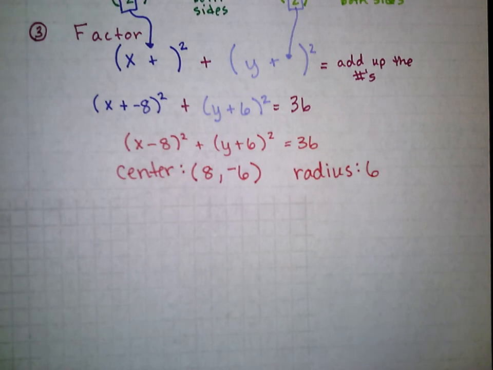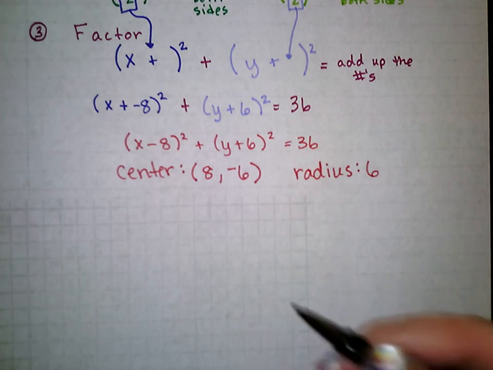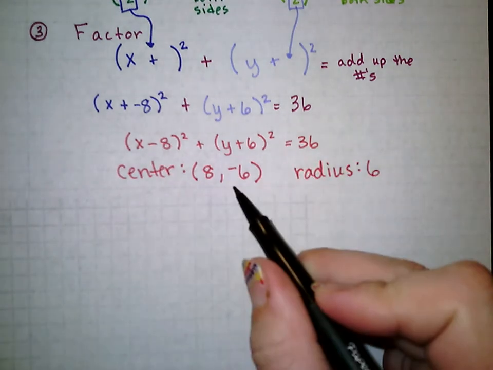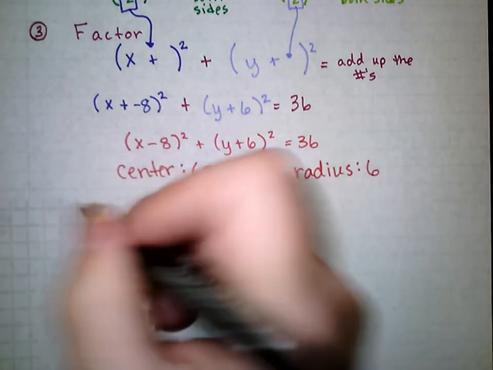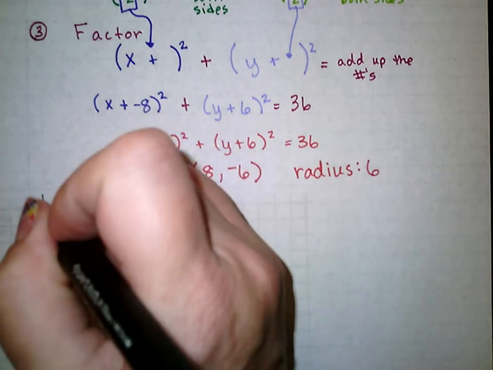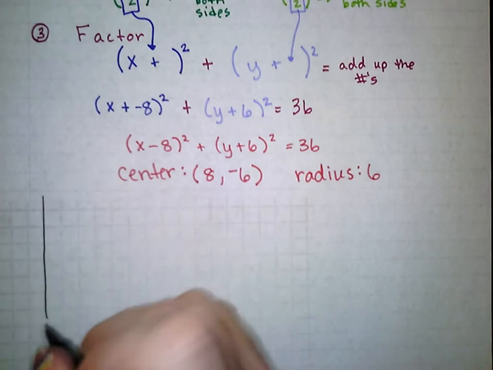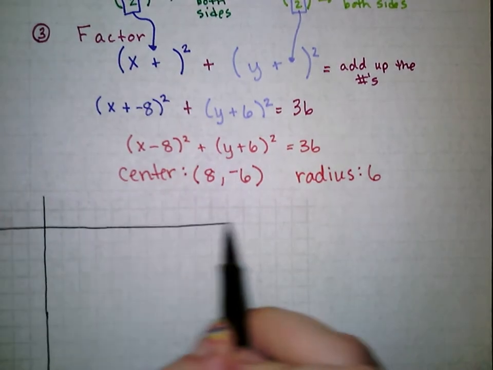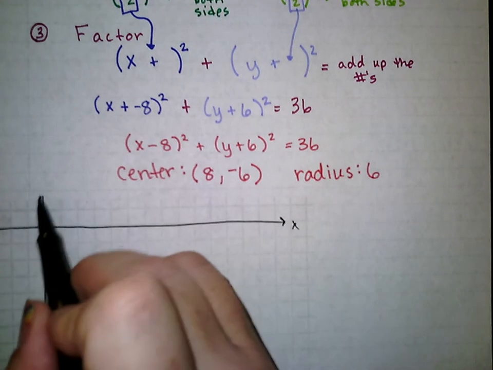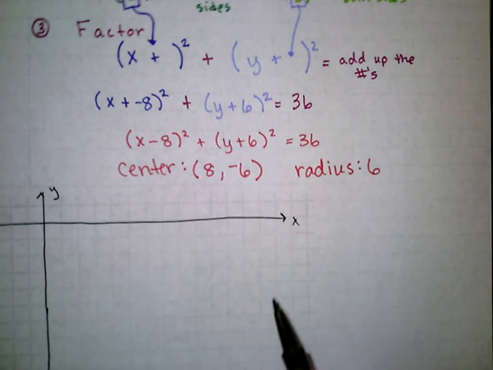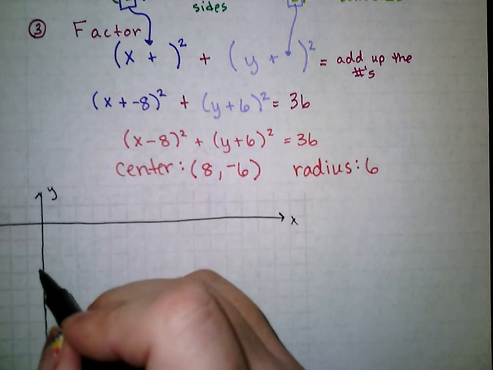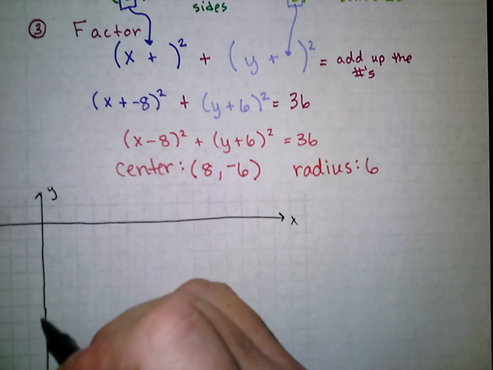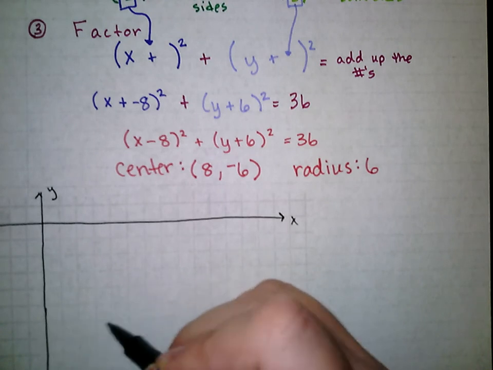Now to graph that, let's see, the center's at 8, negative 6, so I'm going to need quite a bit of space here. I'm going to be graphing in mostly quadrant 4. Do I have enough room? 1, 2, 3, 4, 5, 6. Yeah. 1, 2, 3, 4, 5, 6, 7, 8.